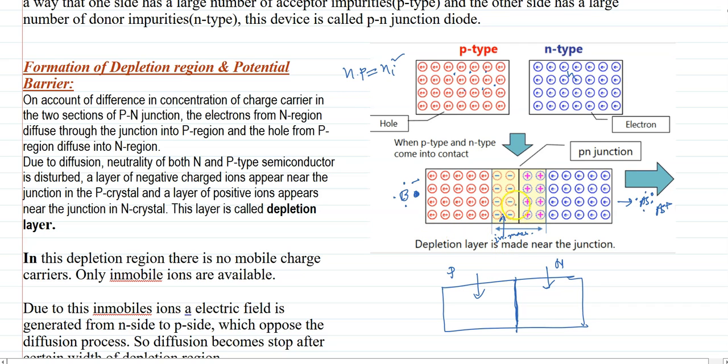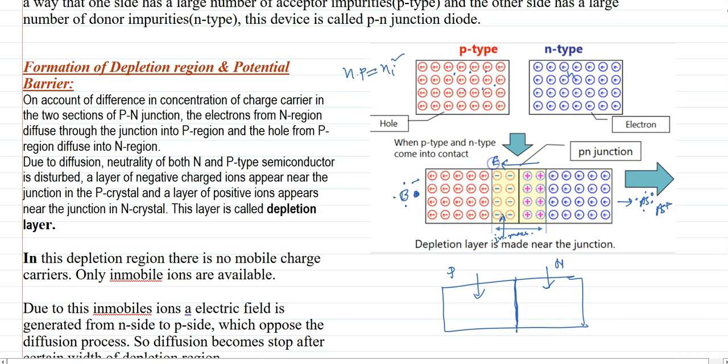In the depletion region, you can see that due to diffusion, in the p region there is a large number of holes, and in the n region all the electrons may diffuse and the whole region may become neutral. But this does not happen, because due to these immobile charges the electric field is produced from positive to negative.